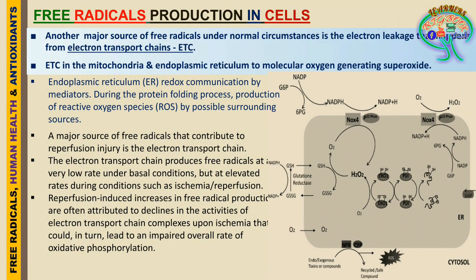Well, coming to this slide, here we discuss the production of proteins, in the sense of the protein folding process, which takes place in the endoplasmic reticulum, where certain redox communication takes place and acts as the mediator, where there will be the possible formation of reactive oxygen species by surrounding sources.